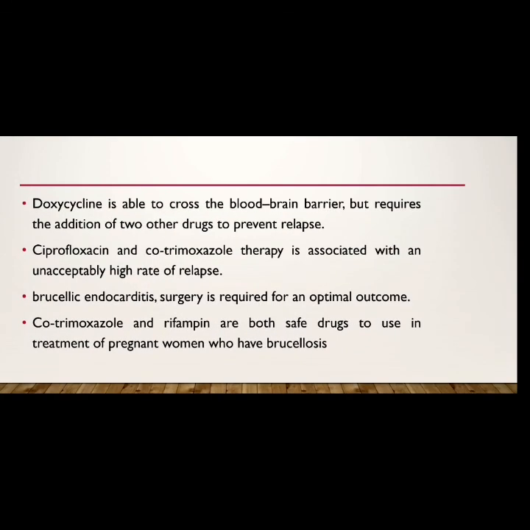Doxycycline is able to cross the blood-brain barrier, but requires the addition of 2 other drugs to prevent relapse. Ciprofloxacin and cotrimoxazole therapy is associated with an unacceptably high rate of relapse. So the best is to use doxycycline with an aminoglycoside.